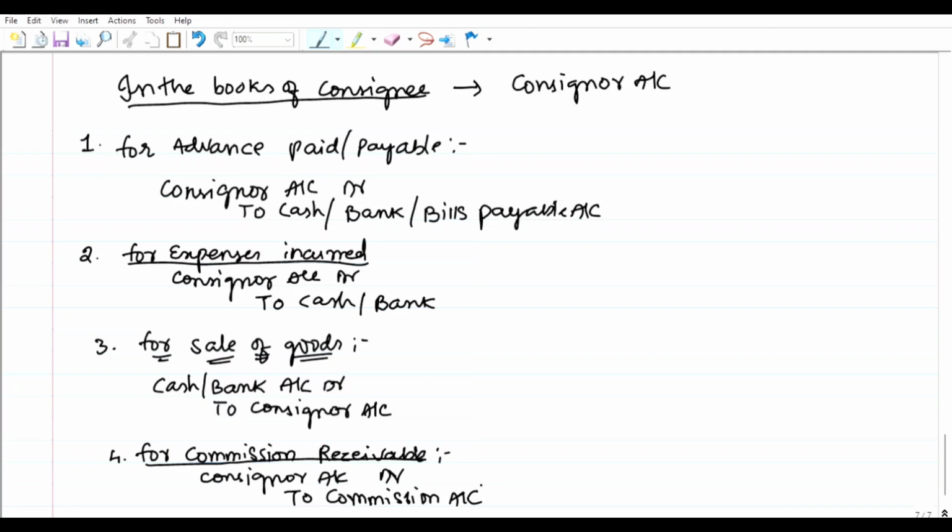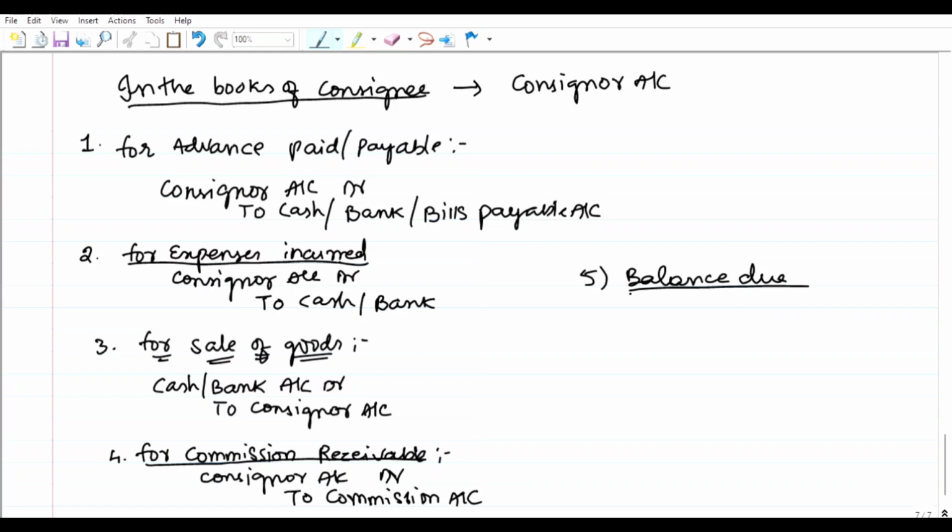And the next and last entry is what? After the commission receivable, the consignee should pay back the balance he remained with to the consignor, right? So for the balance due, he will write the entry that the amount will be received by the consignor.